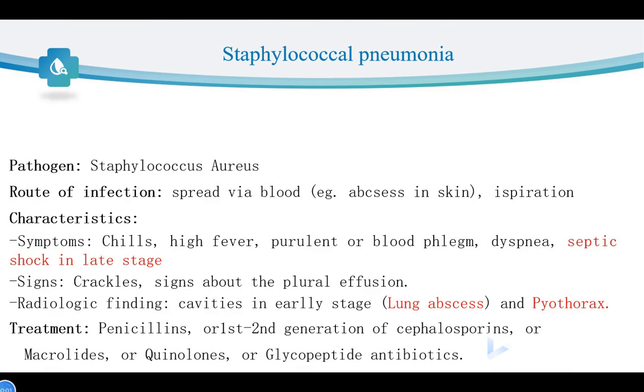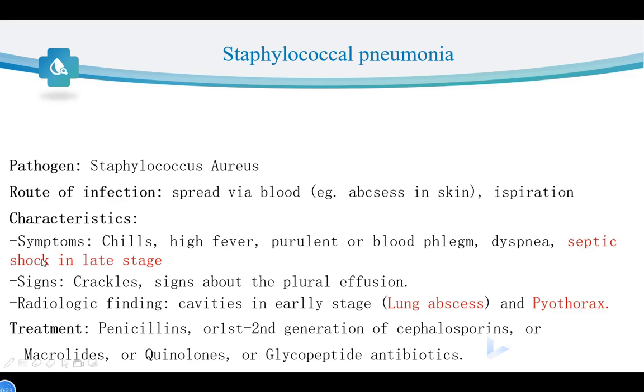The first one is the Staphylococcal pneumonia, caused by the Staphylococcus aureus. The route of the infection is either the blood or inspiration.